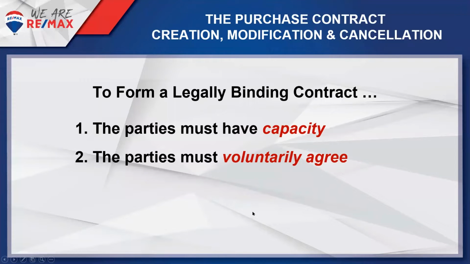Okay, the parties must act voluntarily. They have to voluntarily agree. They can't be under duress. Now, they can be under stress. There's a difference between stress and duress. Duress is when somebody is threatened, for example. Stress would be you can't make your payments, the bank is foreclosing, you've lost your job, and you need to do probably a short sale, and your life's sort of coming apart.